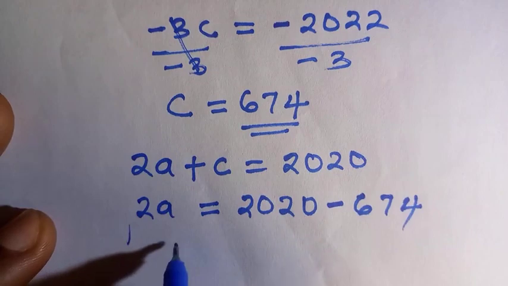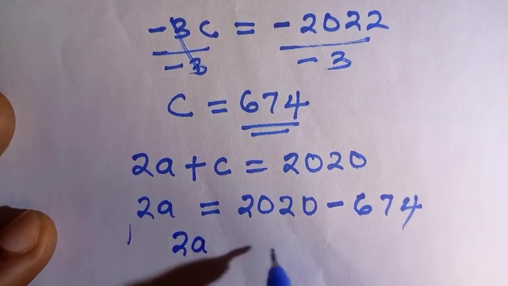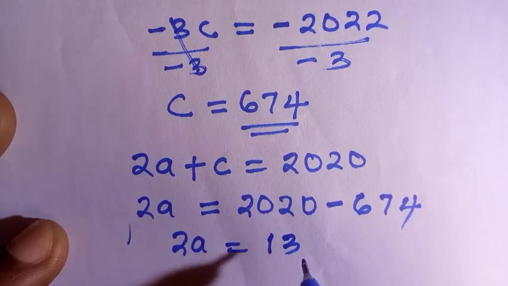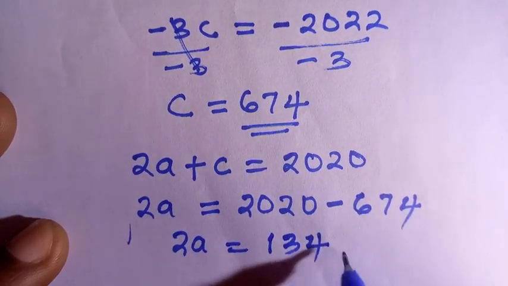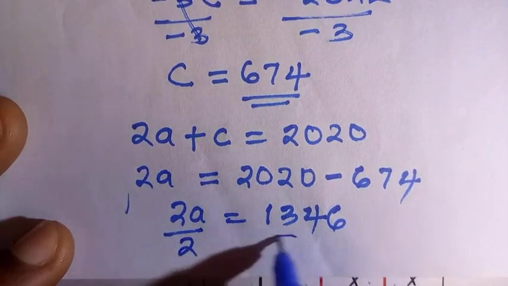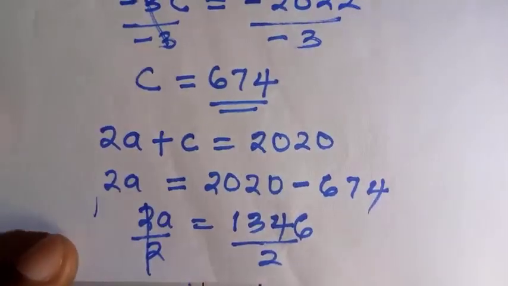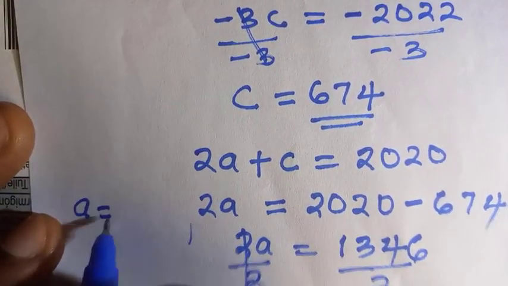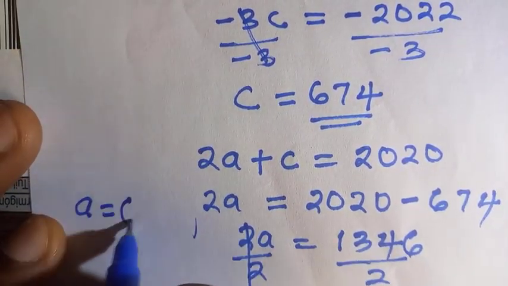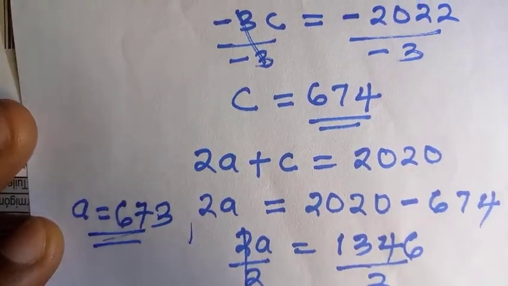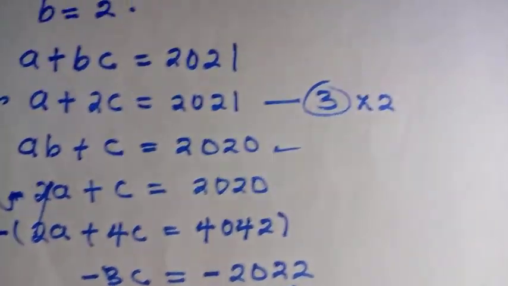Then 2a equals, subtracting these two, 1346. And dividing both sides by 2, the value of a at b equals 2 is 673.